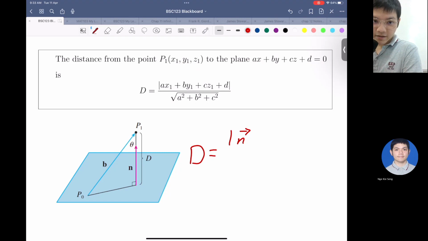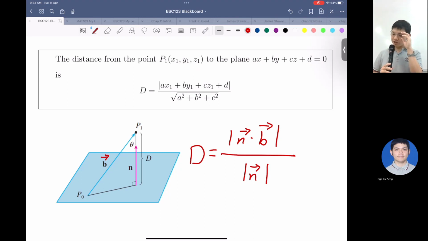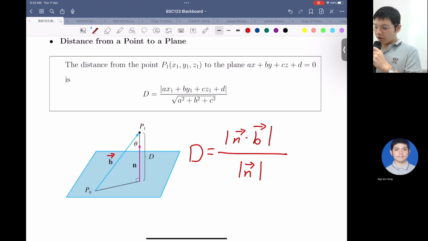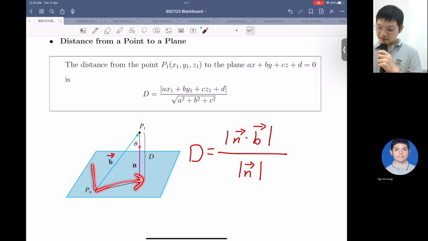Let me see why I call it B. What's B again? Okay, B is this guy here. So this is what you want. You project your B into your subspace, and then you compute the vertical length, or you just project it onto N. So you can project your B onto N. It splits into a horizontal component and a vertical component.